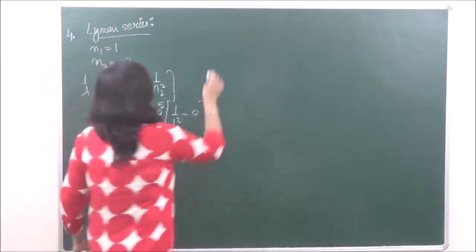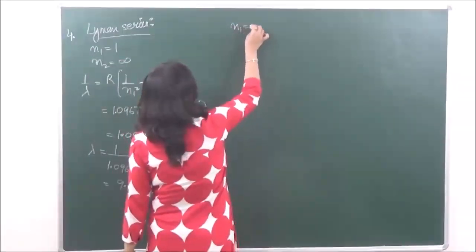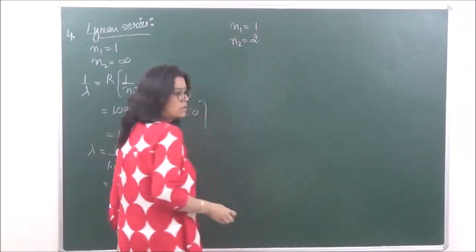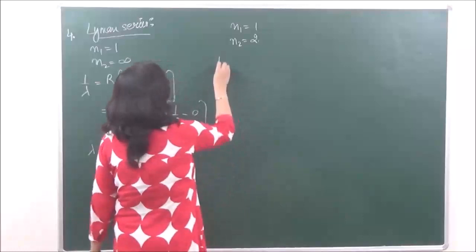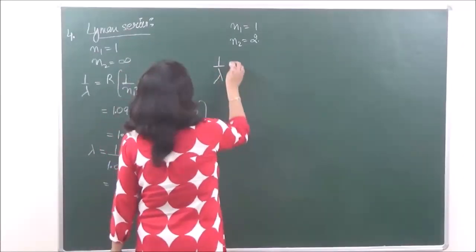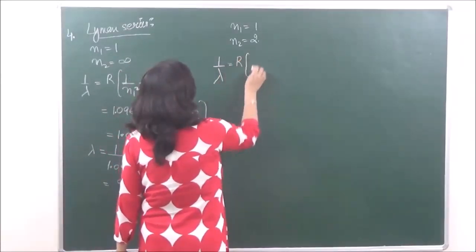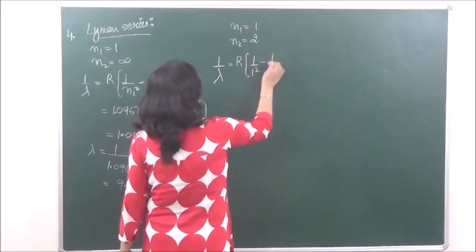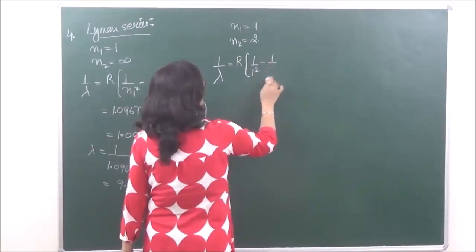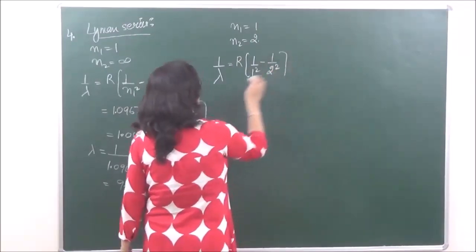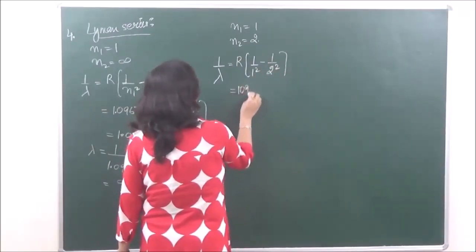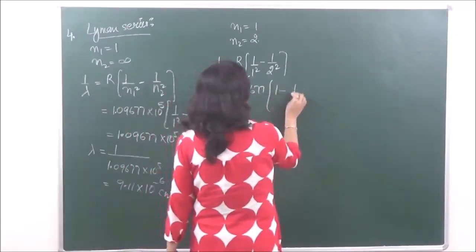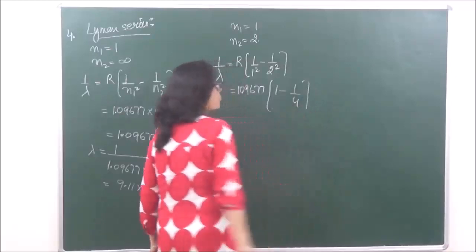For longest wavelength, N1 is going to be equal to 1 and N2 is going to be equal to 2. Right? So we have 1 upon lambda equal to R into 1 upon N1, that is 1 square, minus 1 upon 2 square, which is equal to 109677 into 1 minus 1 by 4.